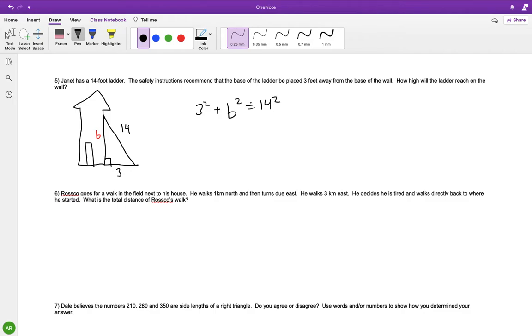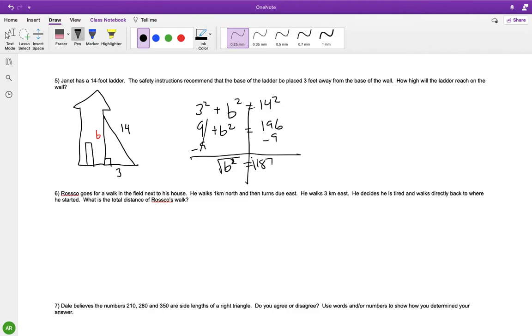Okay. 9 plus B squared equals 196. 14 squared is 196. We're going to subtract 9 on both sides. 196 minus 9 equals 187. So we're going to square root both sides.